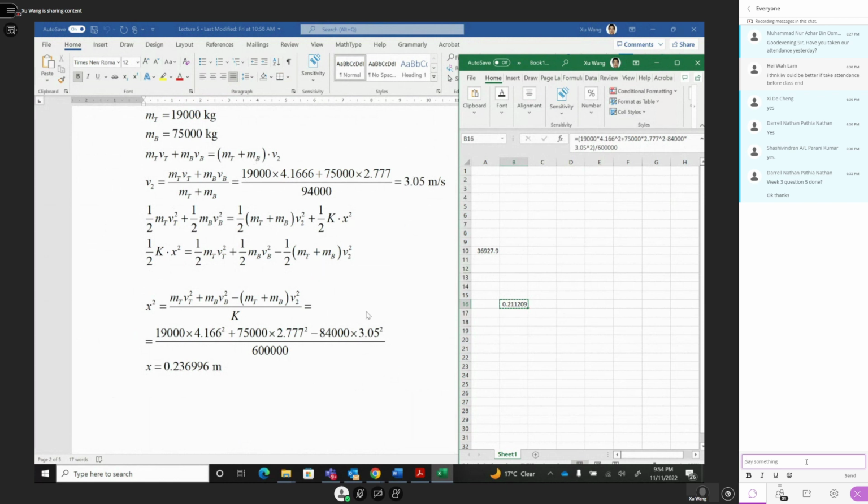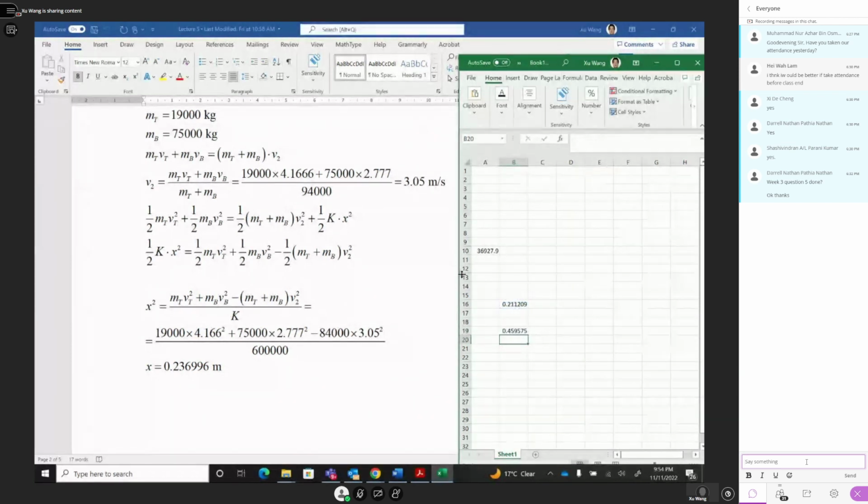So this should be fine. Okay, so this is the result I got before. Sorry, this is x squared, so to get x you have to take the square root.